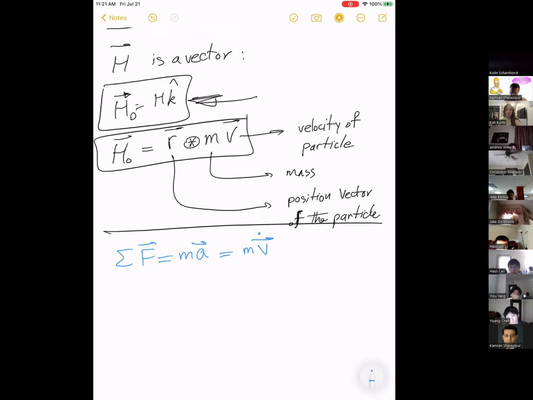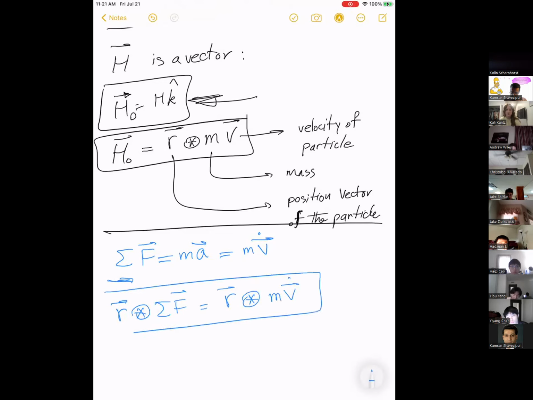Okay. Now, let's multiply or cross product this from the left by r. If I do that, I can write r cross summation of forces equals r cross m v dot. Can I do this?